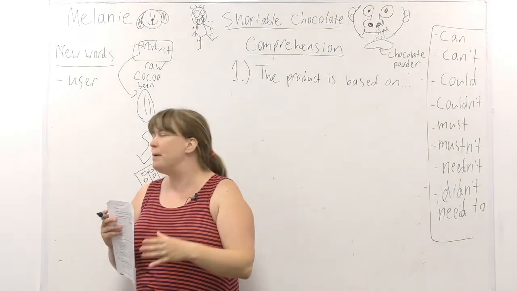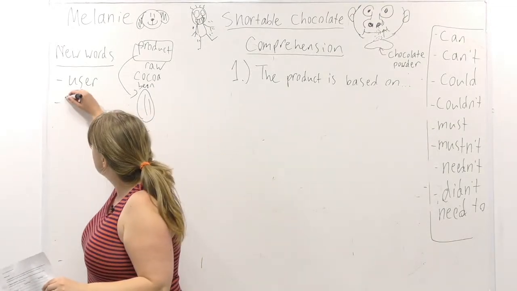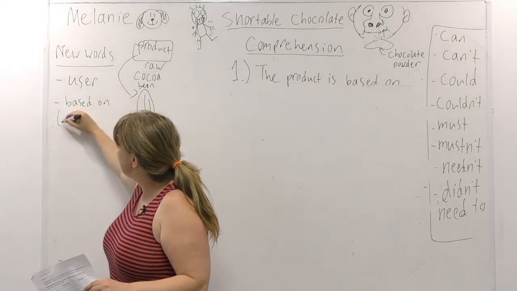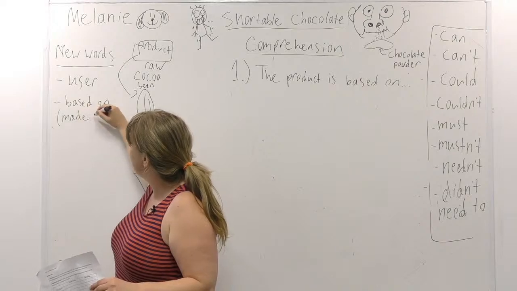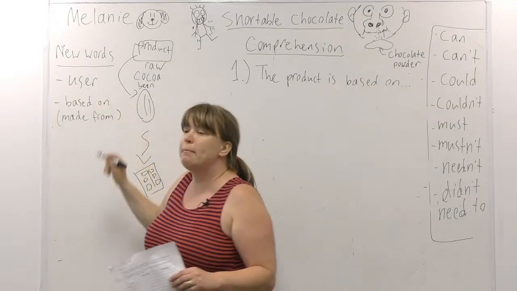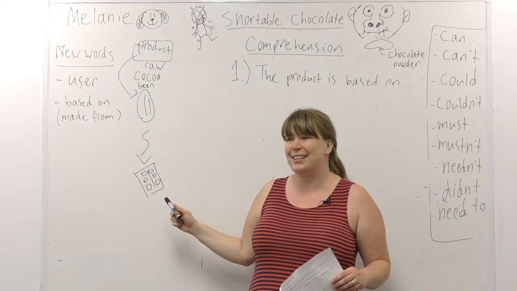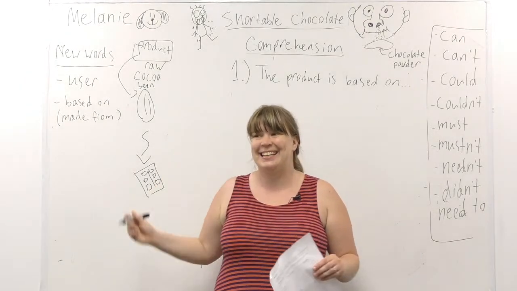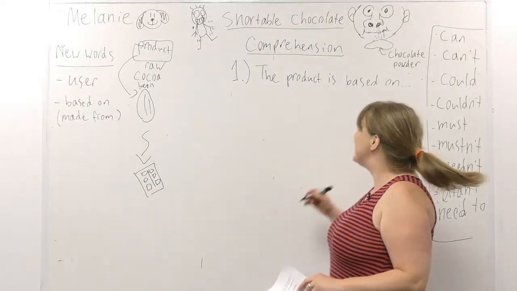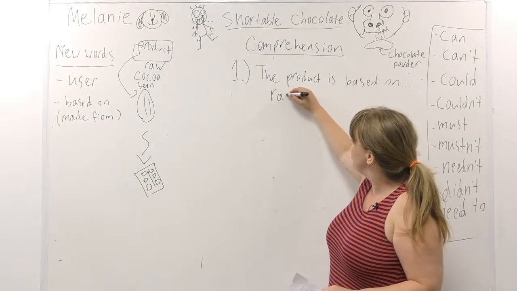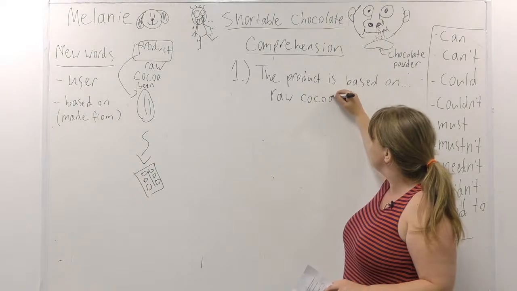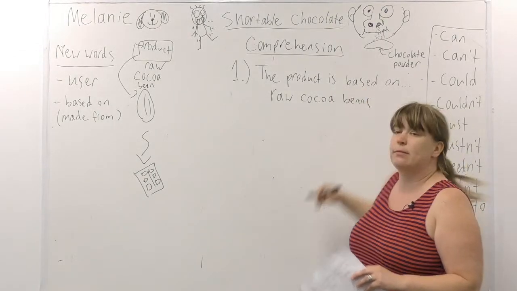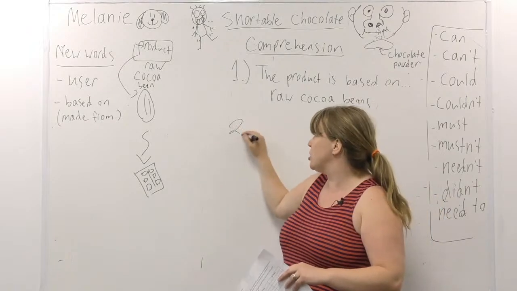So what's to be based on? So based on. That basically means similar to made from or made out of. I think there's a picture up here that gives a very good hint. Raw cocoa beans. Exactly. It's based on raw cocoa beans. Thank you. Is it cocoa beans? Excellent. Good stuff.